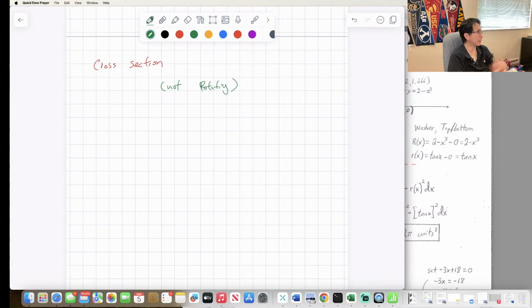Like before, we rotated around the x-axis or y-axis. Now, instead of rotating, every slice of the shape is going to be an oriented shape. What I mean is, for every slice I can decide whether it is a square or semicircle or whatever. You're going to ask, what does that mean? So here I'm going to show you.